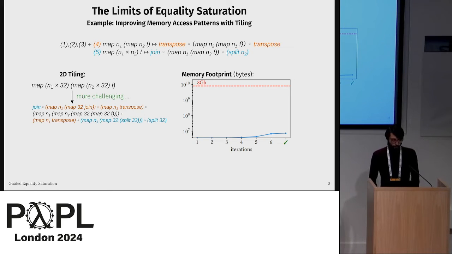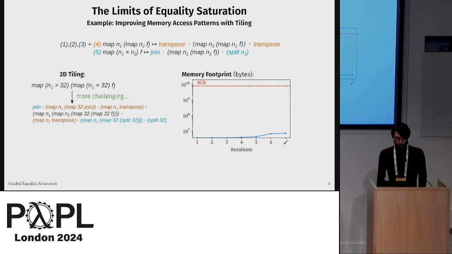So if we want to perform two-dimensional tiling now, this becomes more challenging. Before, only applying the fifth rule was sufficient to achieve the tiling, but now we have to combine the fourth and fifth rules with the first ones to achieve our goal.